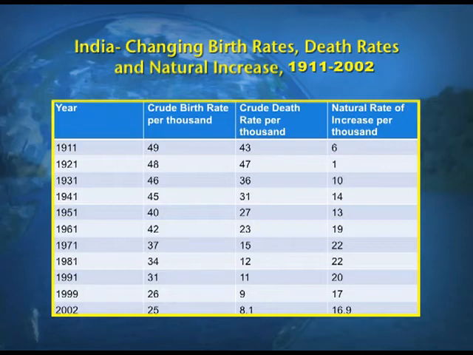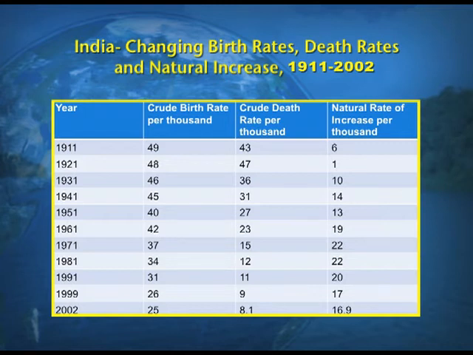Likewise, in 1921 this was only 1, 1931 10, and the highest natural rate of increase in this table you can view for the 2 years, that is 1971 and 1981.